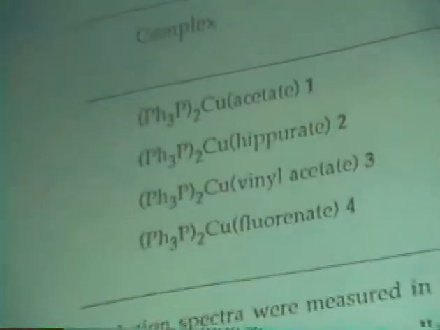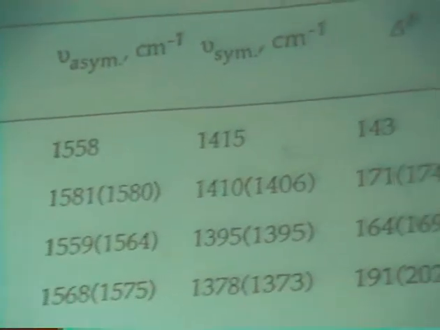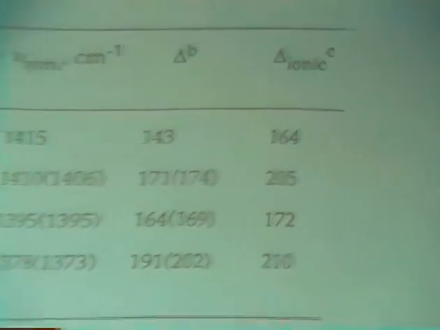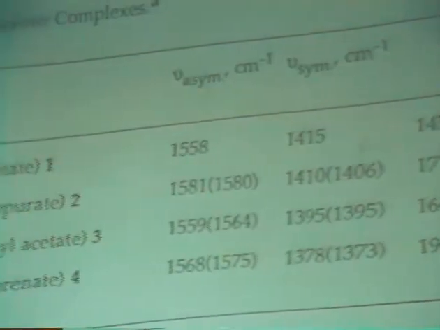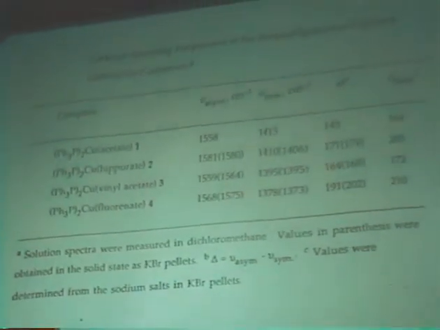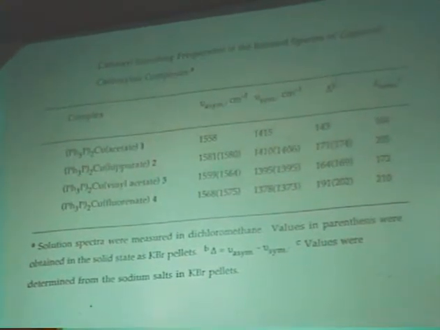Now, if we make a series of bidentate carboxylates bound to copper, all containing bisphosphines, and look at the asymmetric and symmetric stretch, I should tell you straight off, which I'll show you in a second, that all these compounds are bidentate from X-ray crystallography. If we look at the asymmetric to symmetric difference for the acetate, it is 143, which is below the ionic value, so you would anticipate that it's bidentate prior to doing the structure.